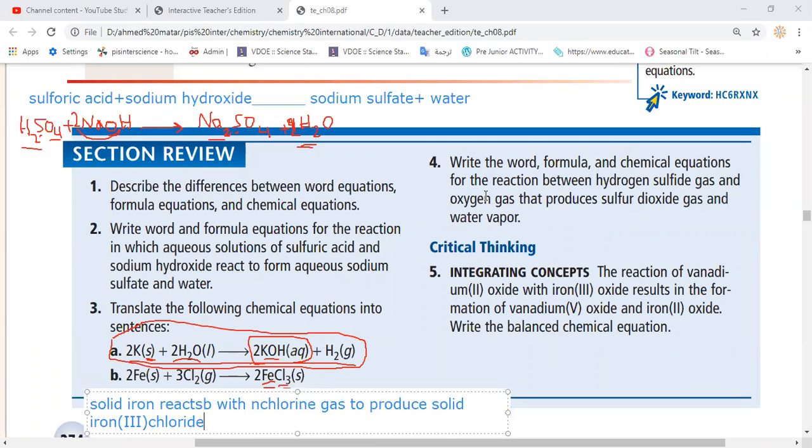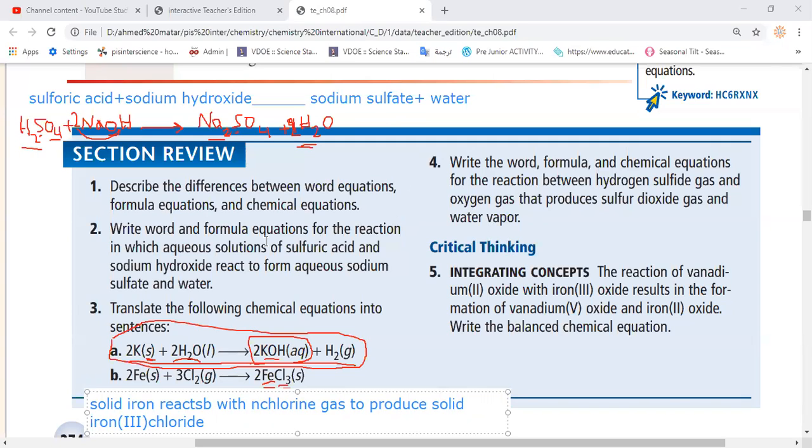Okay, so let's see question 4. Write the word formula and the chemical equation for the reaction between hydrogen sulfide gas and oxygen gas to produce sulfur dioxide gas and water vapor. So who can answer this question? The same as we did in the last questions, guys.